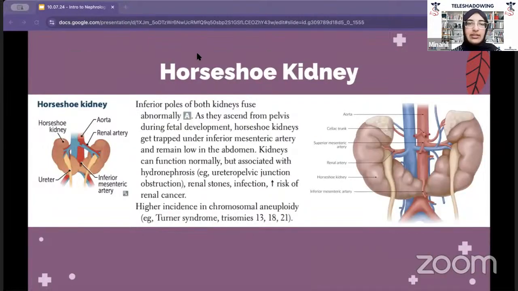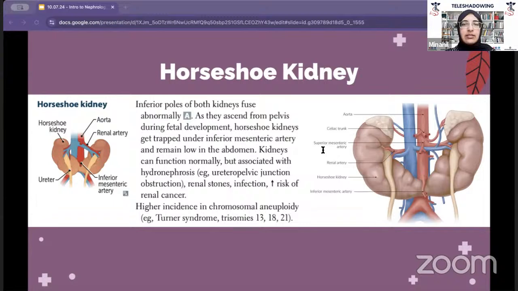So horseshoe kidney. Horseshoe kidney is a congenital condition, meaning that it's present at birth, and it's the most common type of kidney fusion anomaly. It's actually one of the most common types of congenital anomalies in patients.